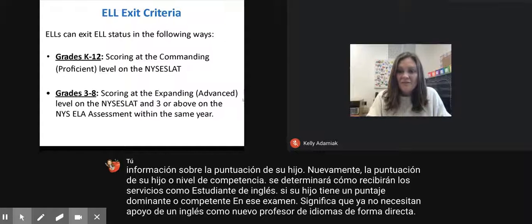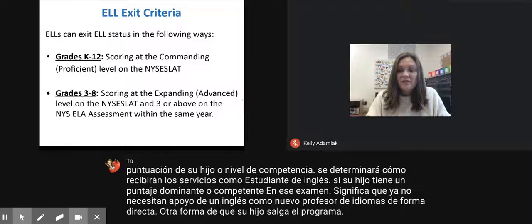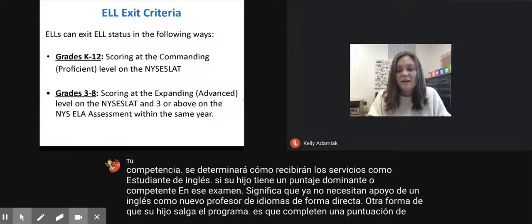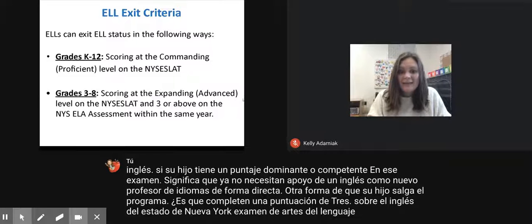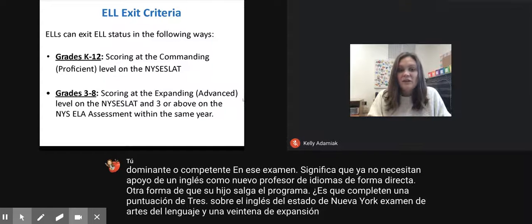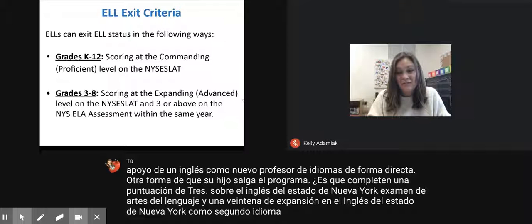Another way for your child to exit the program is for them to complete a score of a 3 on the New York State English Language Arts exam and a score of expanding on the New York State English as a Second Language test. That is the proficiency test that we use in the spring.